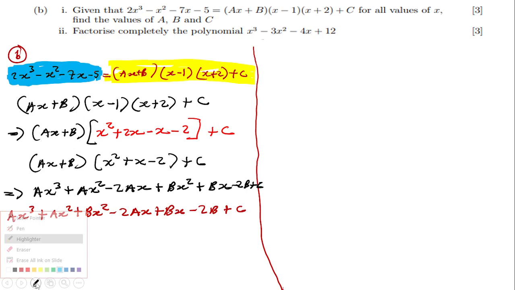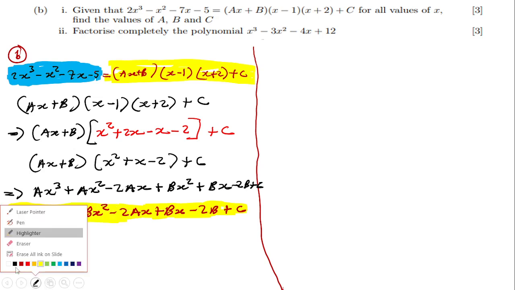After expanding yellow, this is what I have found. What I have found in yellow should be equated to what is in blue, and what I'm supposed to do is something very easy that everyone can manage.